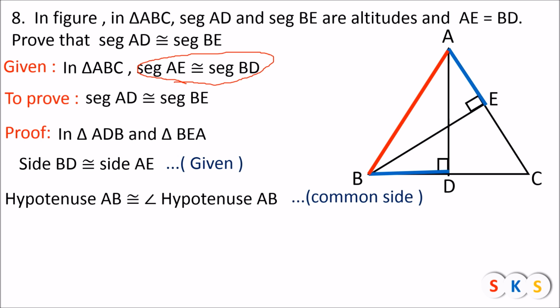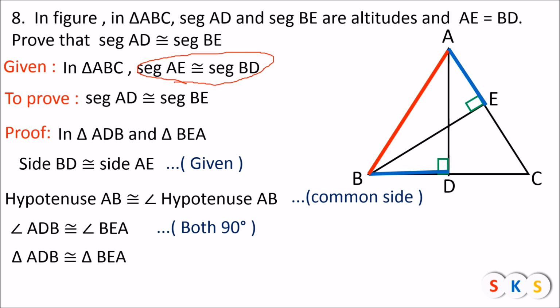Now you can see in this figure, angle AEB is 90 degree and angle ADB is also 90 degree. So I can say here angle ADB congruent angle BEA, because they have the same measure, both are 90 degree.